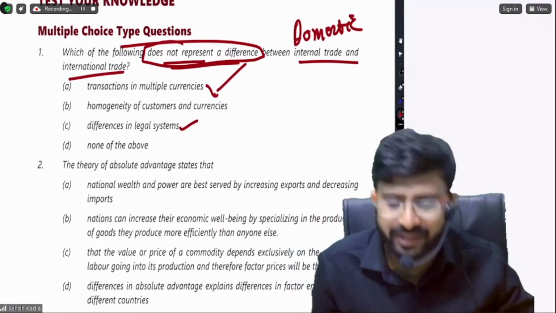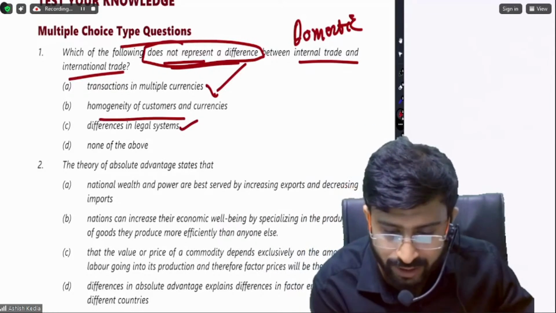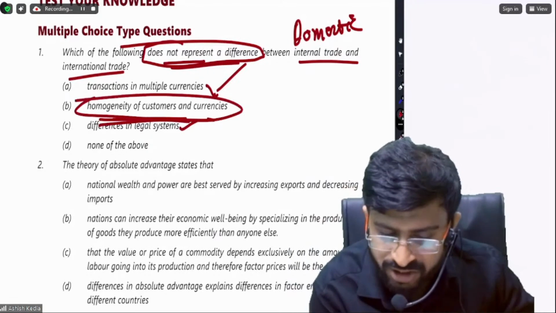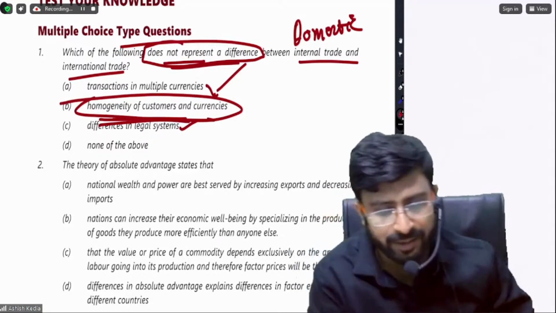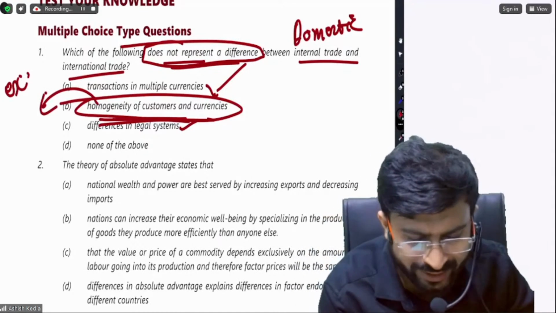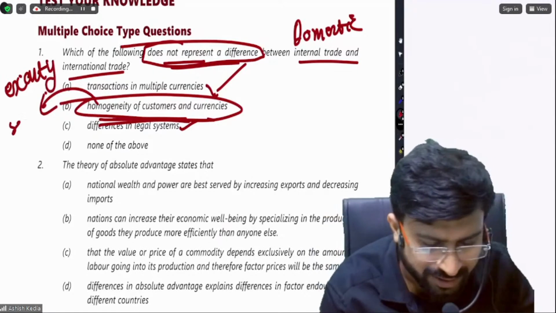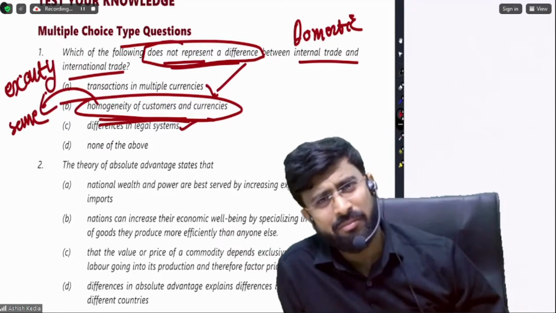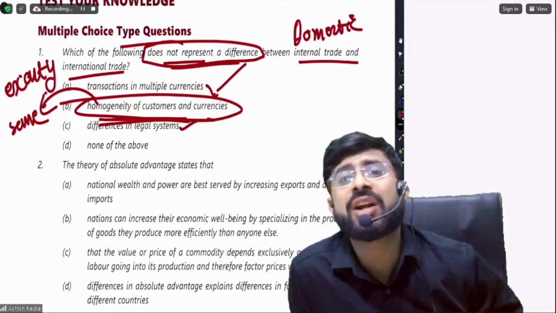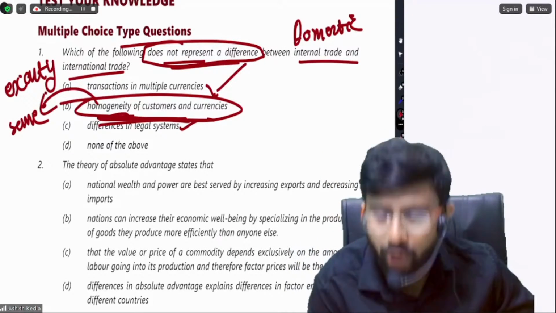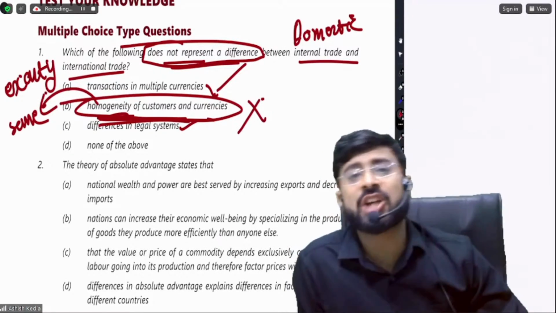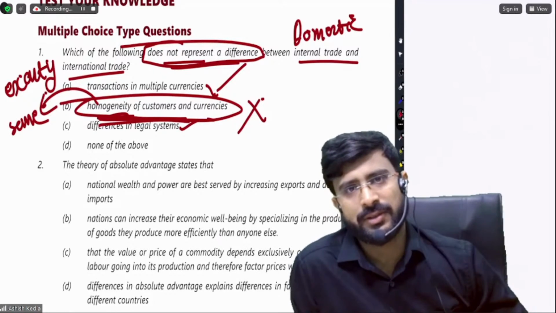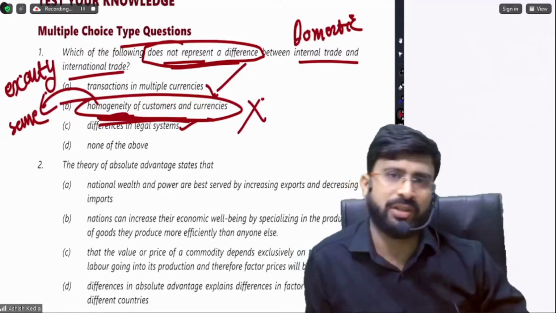Difference in legal system, yes, it is a difference, but homogeneity of customers? Homogeneity means exactly same. Are the customers in India and America exactly same? Not at all. They are different, and that is why they are not homogeneous. Homogeneity cannot be the difference.